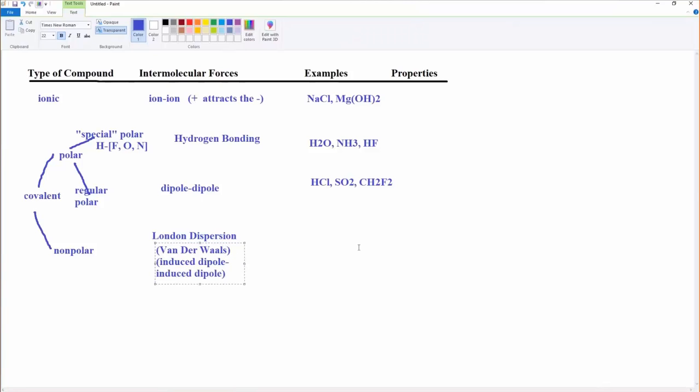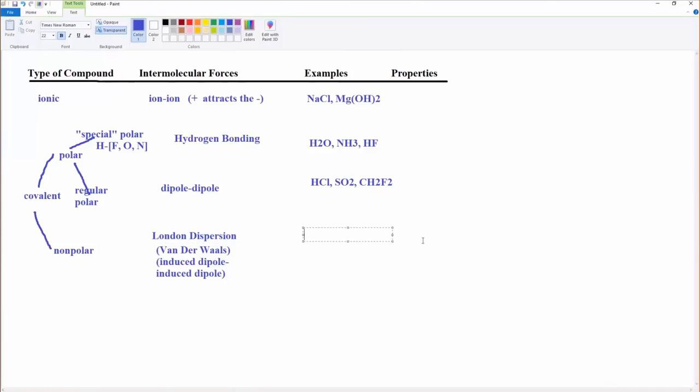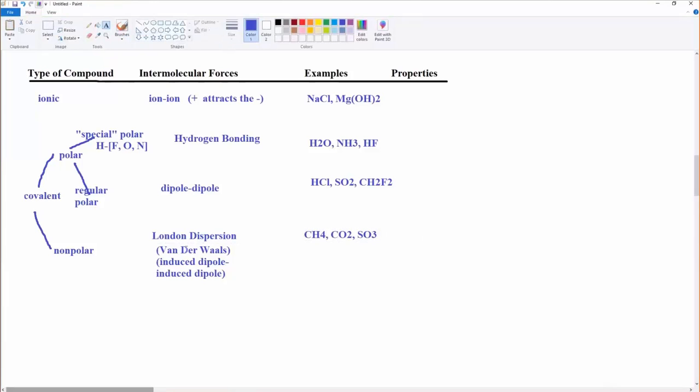For the purposes of this class, I'm just going to call them London dispersion forces or dispersion forces. So anything that's nonpolar entirely, like CH4, as we saw, or if you have polar bonds but they cancel out, as in the case of CO2 and SO3, those all, because they are nonpolar molecules, get London dispersion forces. That's the kind of forces that apply to them.